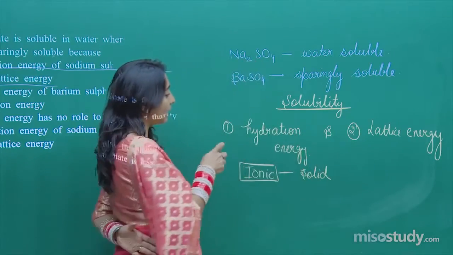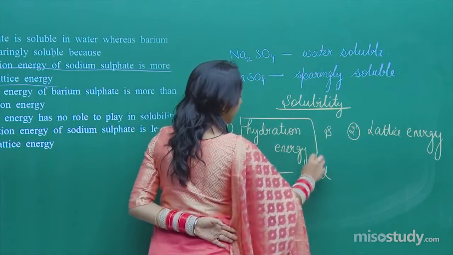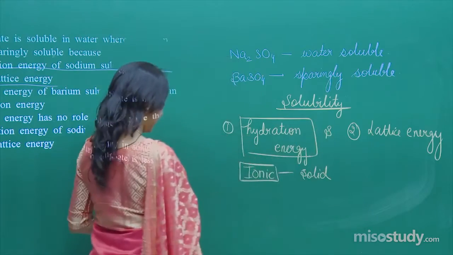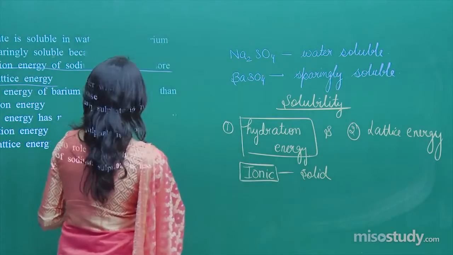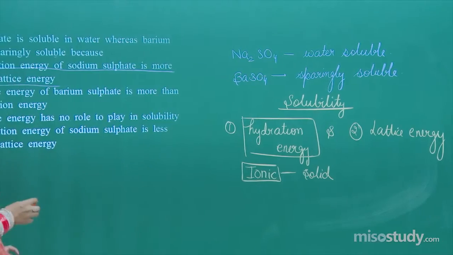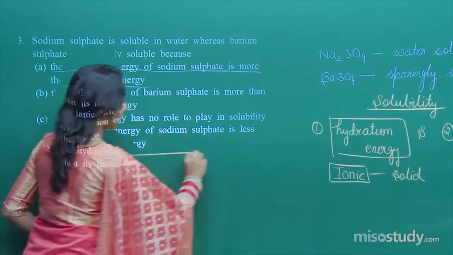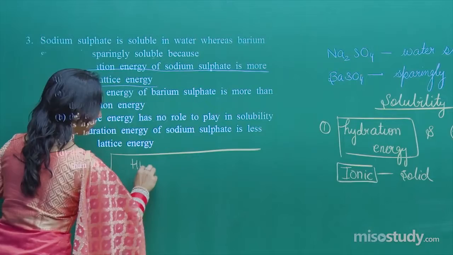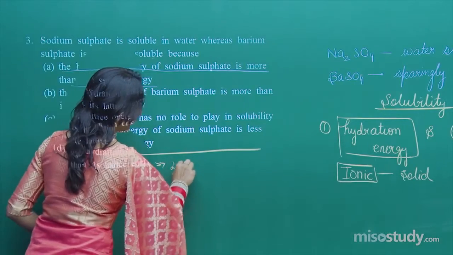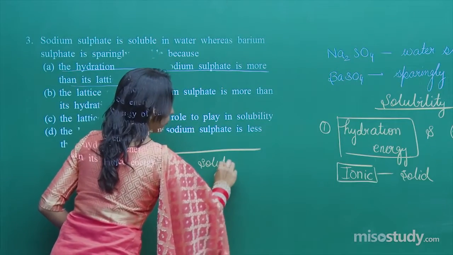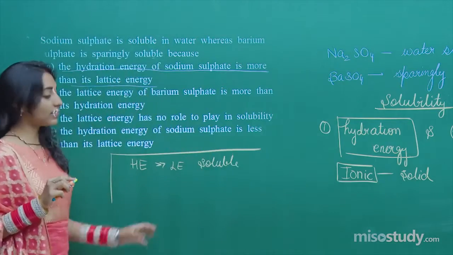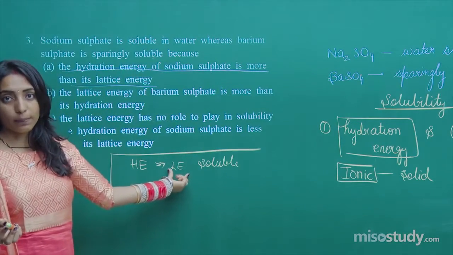So in any case where hydration energy is more than, so let me just now write down. So let me quote it here. So if hydration energy will be more than lattice energy, I will say the compound will be soluble, right? Lattice energy is energy required to break a compound.